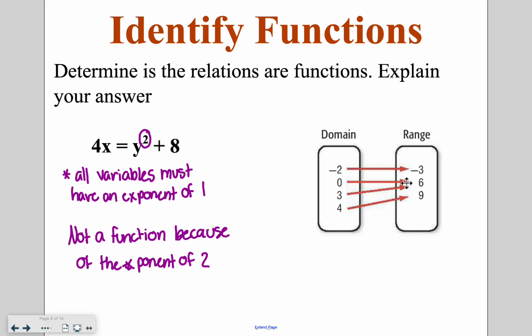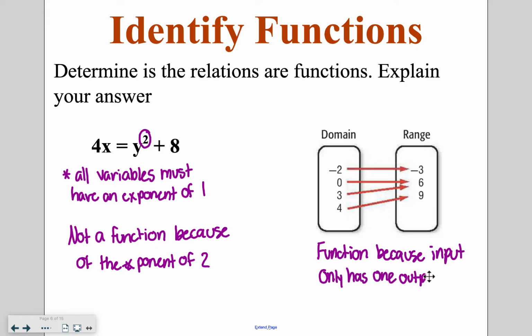It only has one output. 4 goes to 9. It only has one output. So this particular map does show a function because each input, so each element in the domain, only has one output.